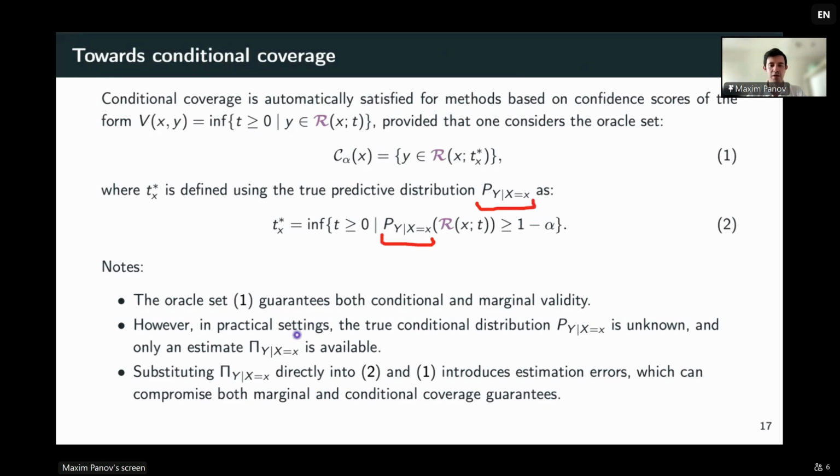We need to do something about that. The immediate idea is, well, let us plug in the approximation here. So we have the approximation, we put it there, we get the radius, that's the result. You will have certain approximate conditional guarantees, depending on how well the approximate distribution approximates the true one.